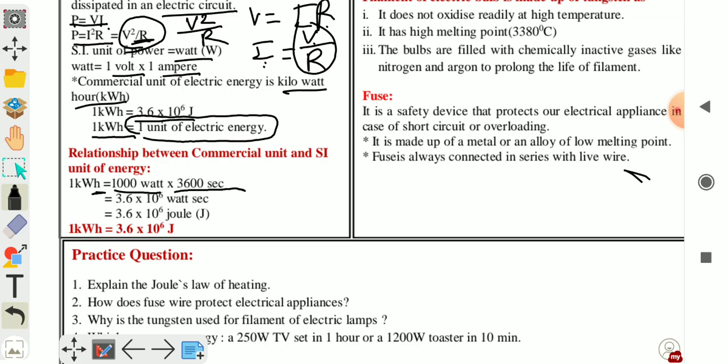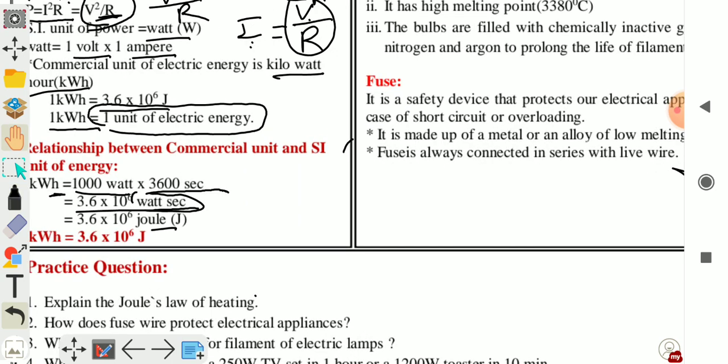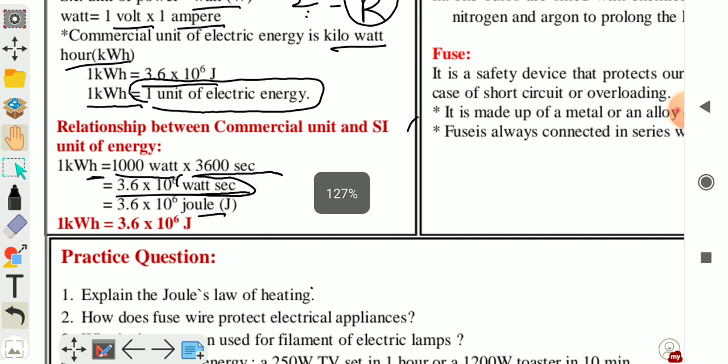When we multiply these two, we will get 3.6 into 10 raised to the power 6 watt second, and we can write in place of watt second, joule. So 1 kilowatt hour is equal to 3.6 into 10 raised to the power 6 joule.